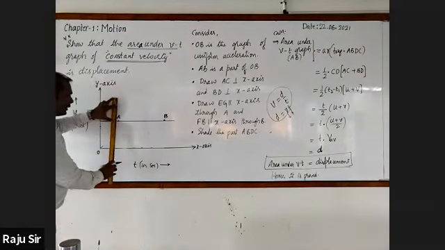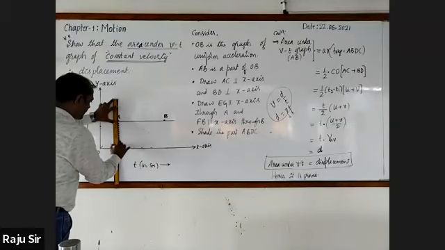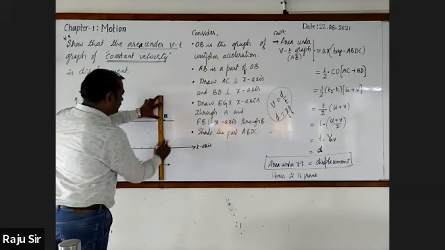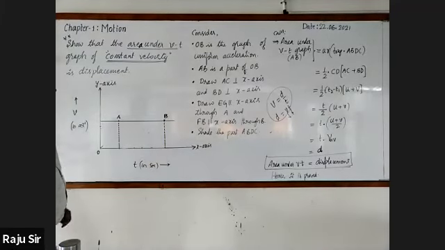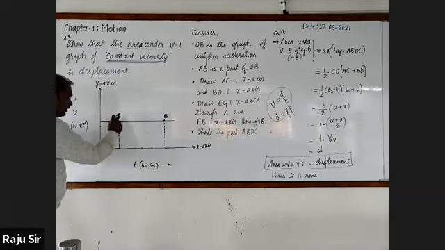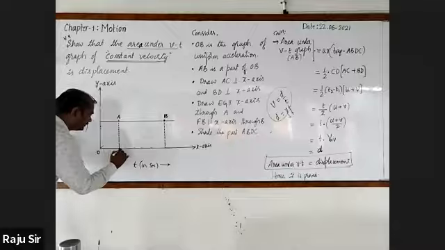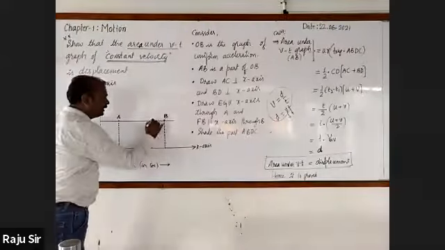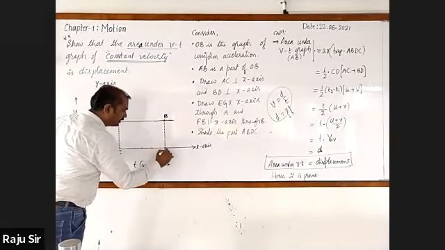Now draw the perpendicular from A to the x-axis. Similarly, from B to the x-axis. It will intersect the x-axis at a point C, and the perpendicular drawn from B will intersect the x-axis at a point D.